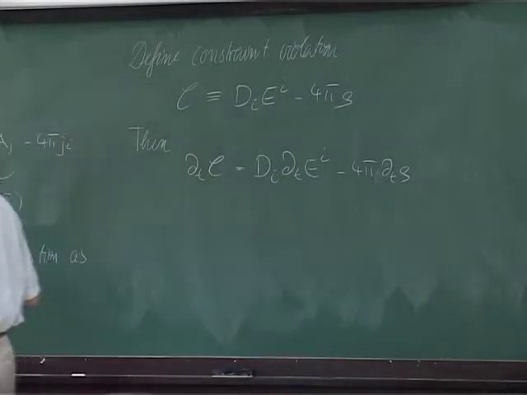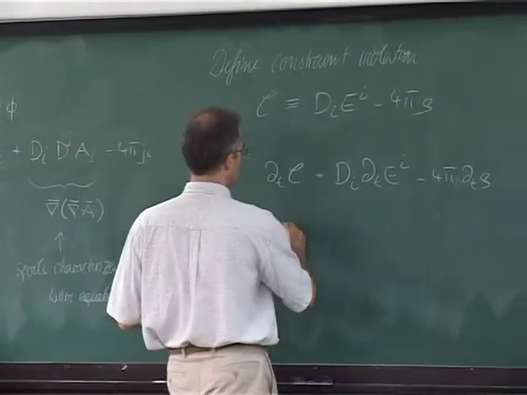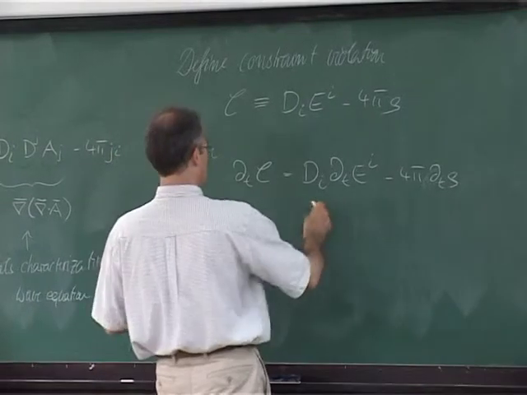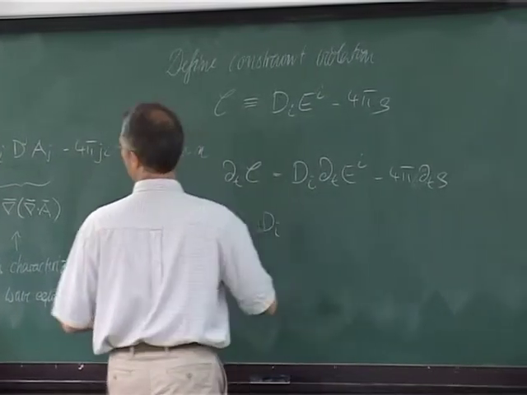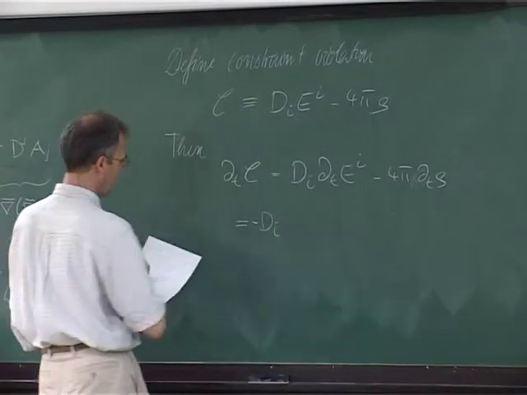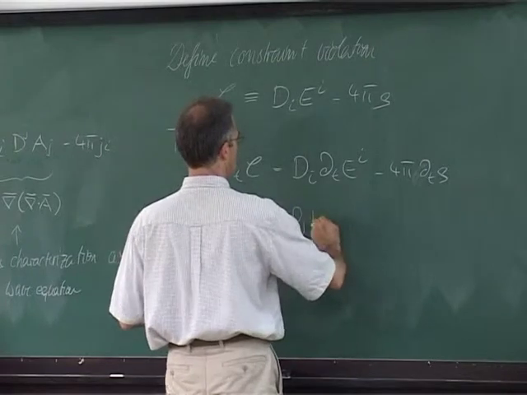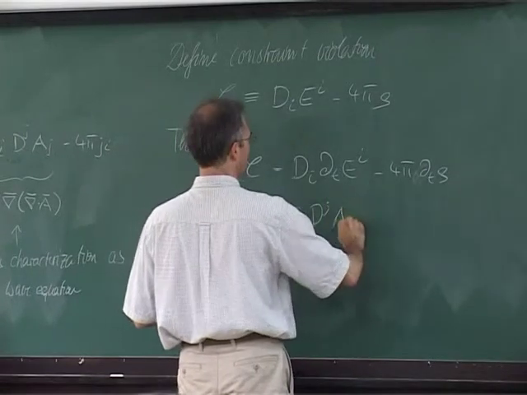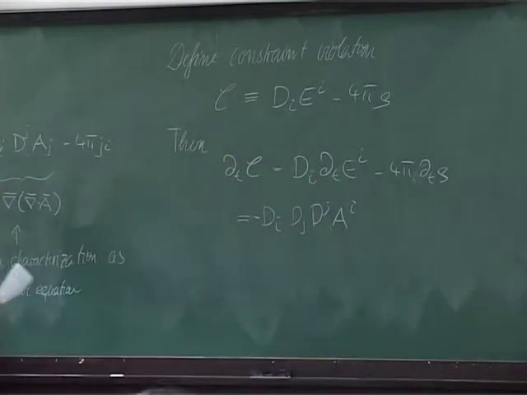Now I can use the evolution equation. I insert this equation for my time derivative of E. What do I get? I get d_i, and the first term is negative, so there's a minus d_i d_j, and then A^i, because now I have the indices upstairs, so I had to raise the index i here.